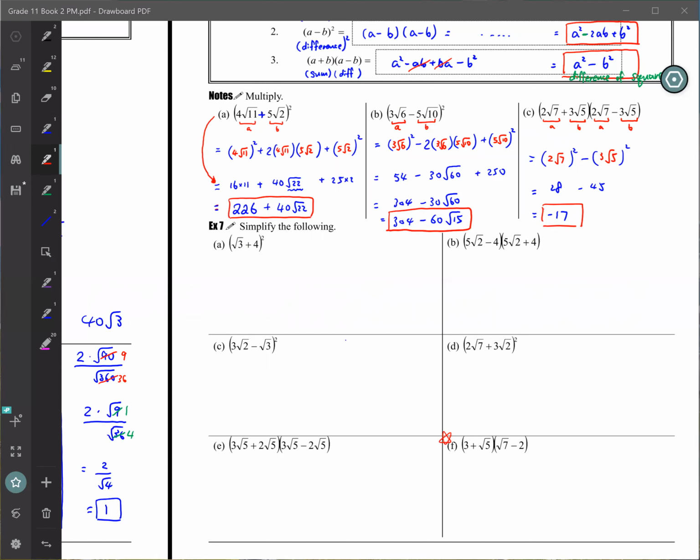I'll check the answer when everyone's finished, okay? Please raise your hand when you finish these 6. Remember to double check the final answer. See if you can simplify it.